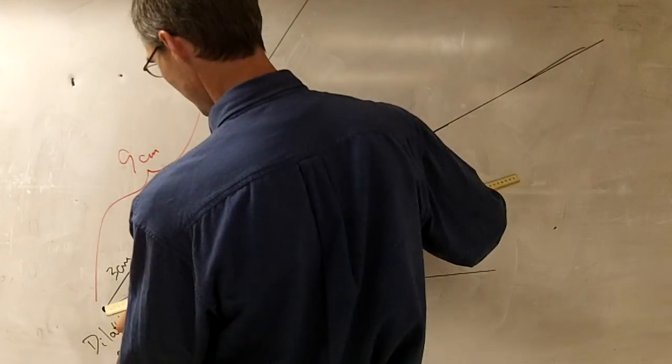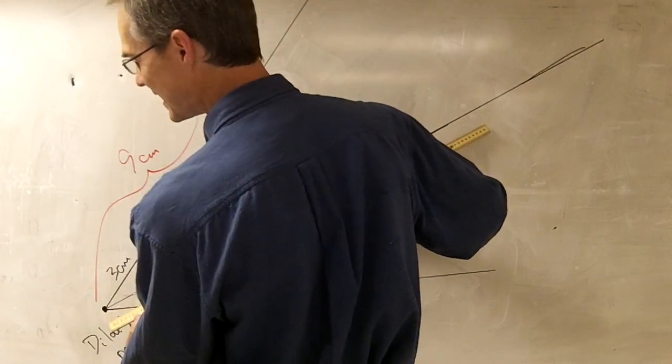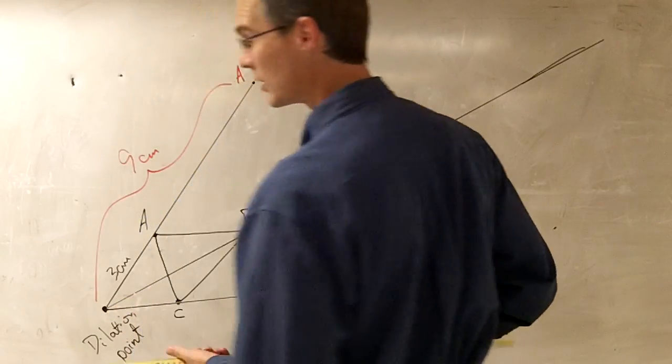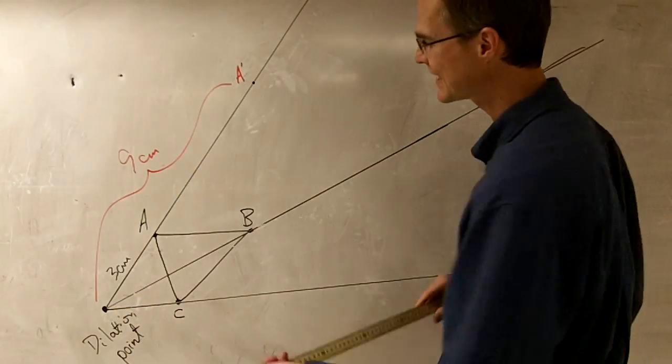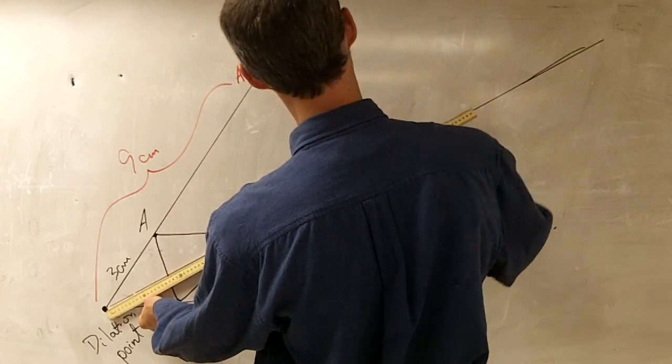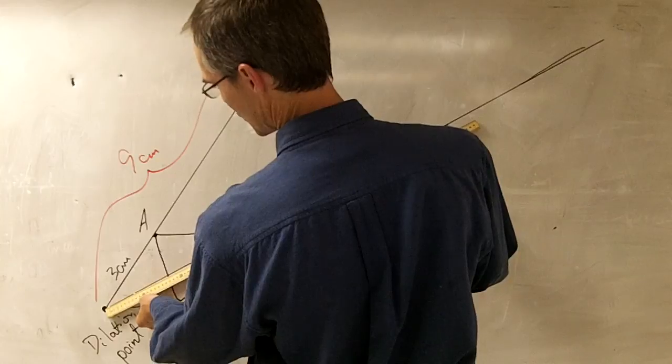This distance here from my dilation point to point B, on your paper that should be approximately 5 centimeters. So you multiply that times 3 and get 15. So you want to measure off 15 centimeters from the dilation point, and that's going to be your point B prime.